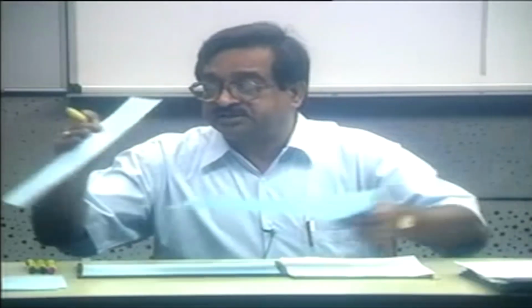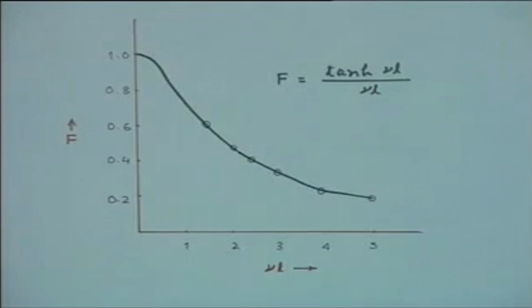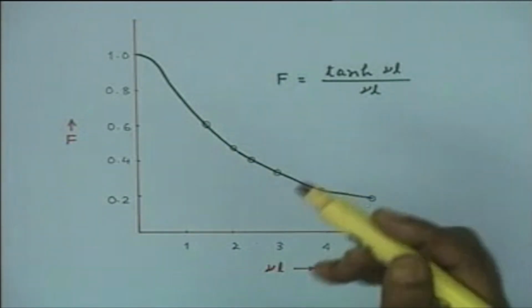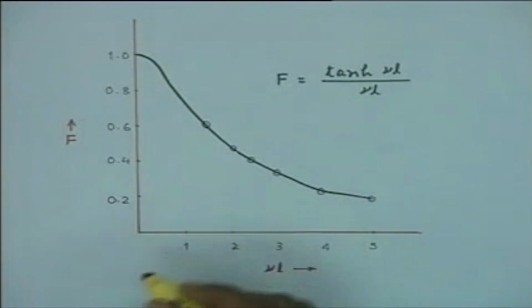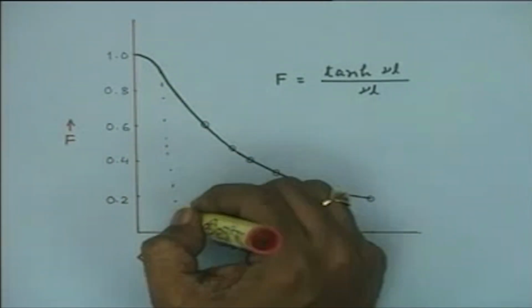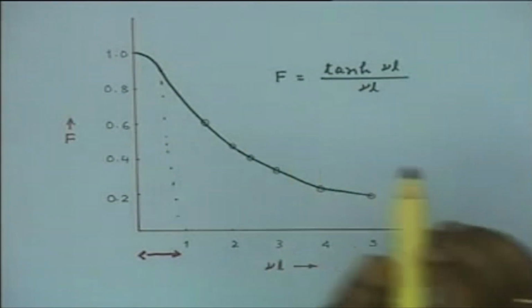If you consider this function F, that is tanh(γL) upon γL, the characteristic of this function is that when γL is less than 1, that means in this region, the value of F is approximately equal to 1.